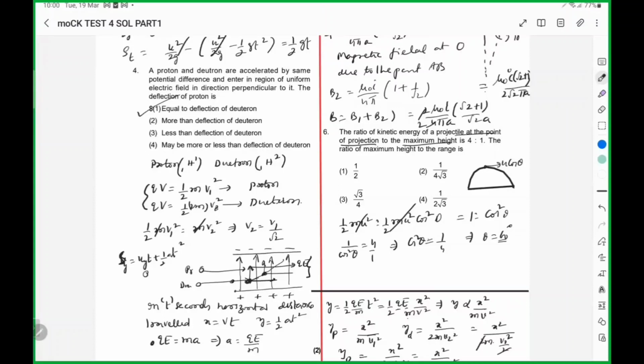The ratio of maximum height to range, sin square theta to sin theta cos theta, range is tan theta by 4, so theta is 60, tan 60 root 3 by 4. Maximum height is u square sin square theta by 2g.